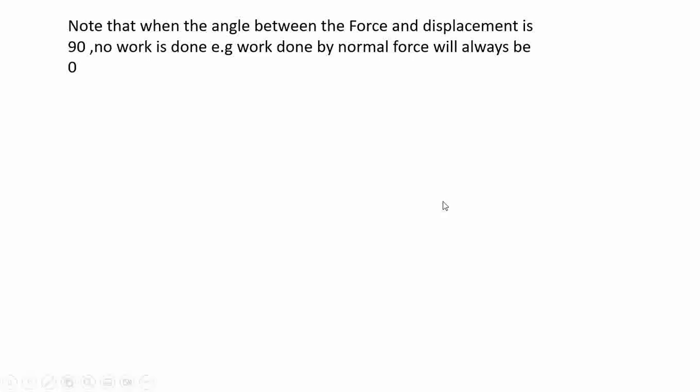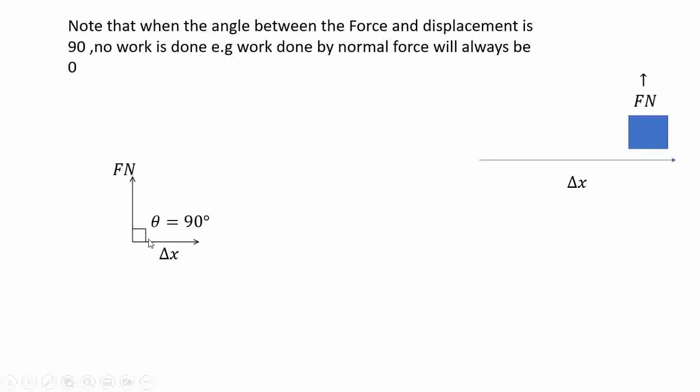So here is proof as to why work done by a normal force will always be 0 joules. I think we all know that normal force is always perpendicular to the surface on which an object is placed, meaning that the angle between the displacement and normal force is 90 degrees.